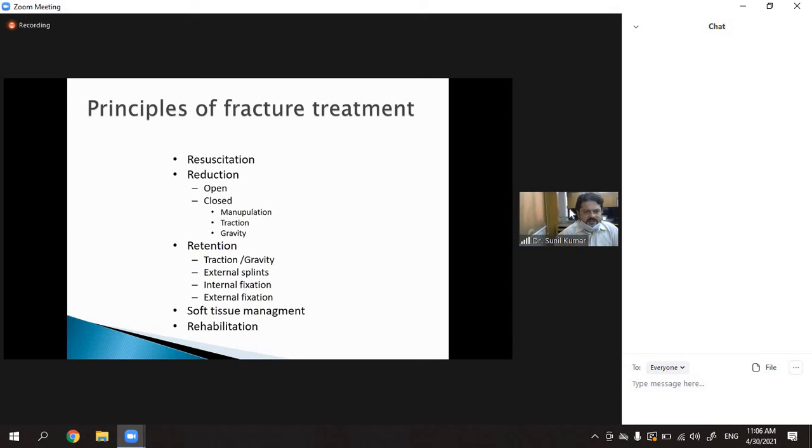And retention: then we have to do the splinting, either external splint, traction, internal splinting or external splinting, depending upon the fracture type and classification. And then soft tissue management. And finally, as I already told, the main thing is rehabilitation of the patient, which will increase the function and the cosmesis of the patient management.